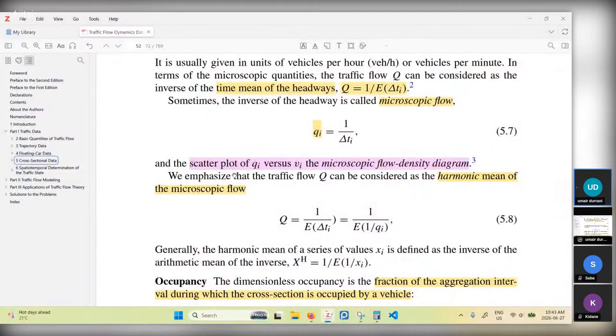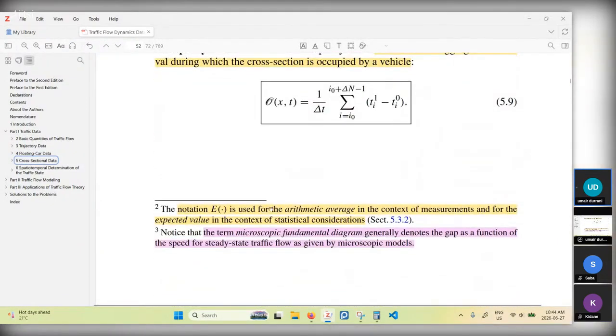I think this is a typo. It should not say microscopic flow density diagram, because we do have flow, but this is speed, this is not density. It should instead say microscopic fundamental diagram, because here in the footnote it mentions, notice that the term microscopic fundamental diagram generally denotes the gap as a function of the speed for steady state traffic flow as given by microscopic models.